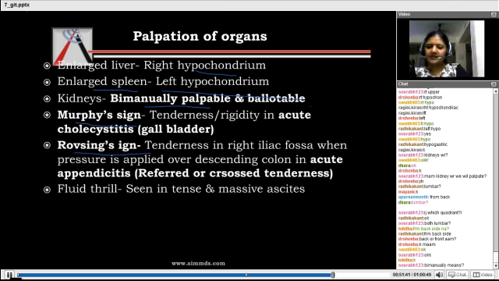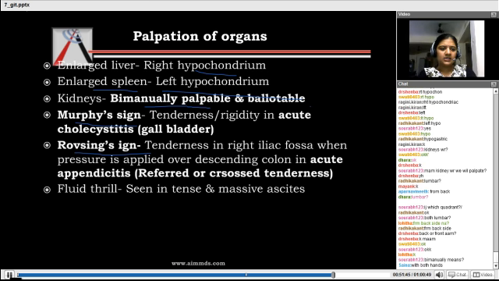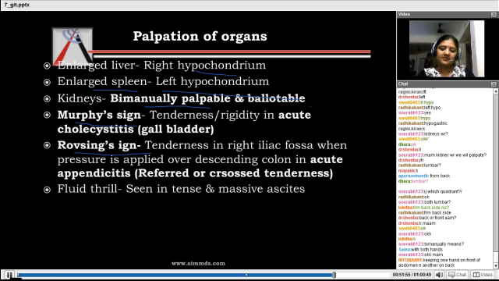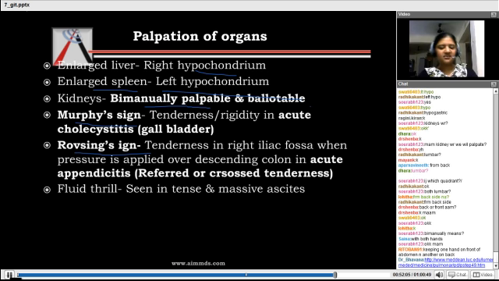Same, bimanually, you're using both hands. Bimanually means one hand is kept on the top and one hand is kept below. Yes, I can give you guys a link that will show you the diagram on how to palpate the kidneys.